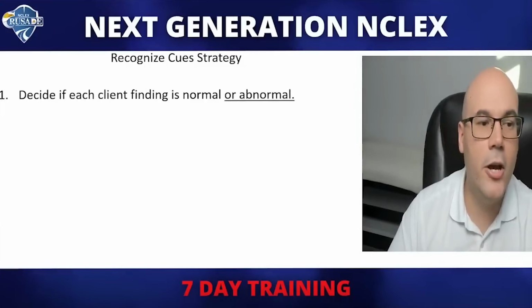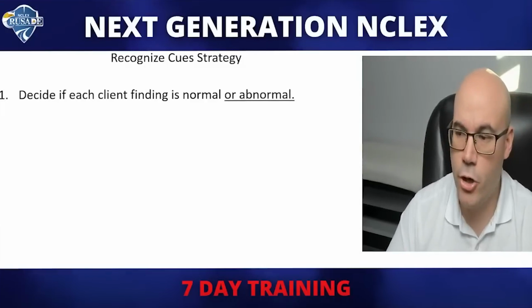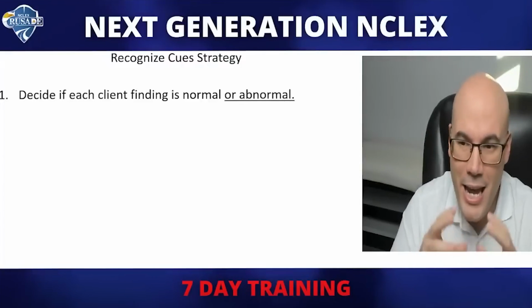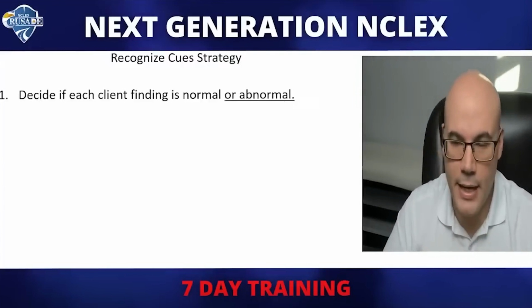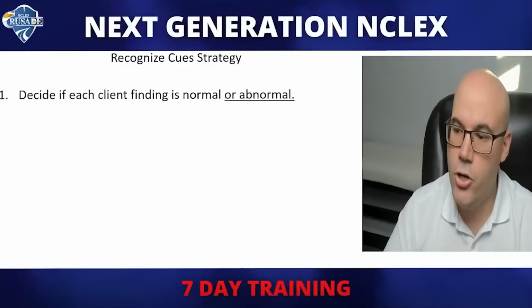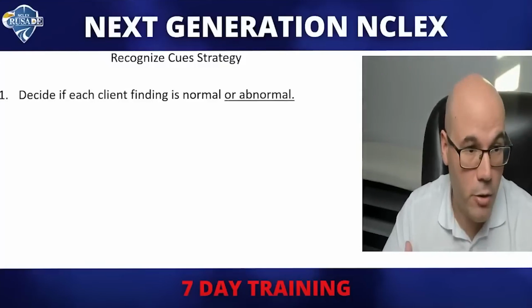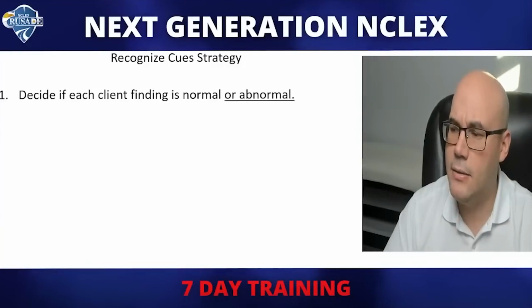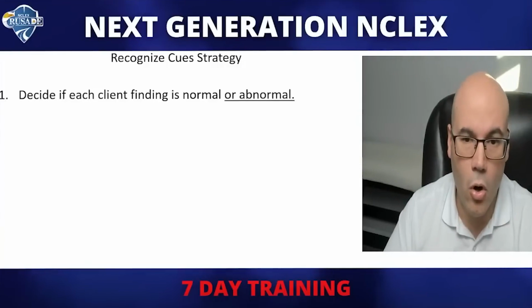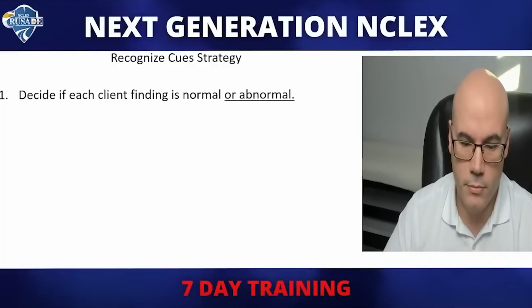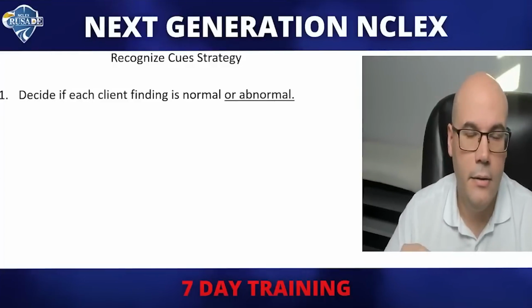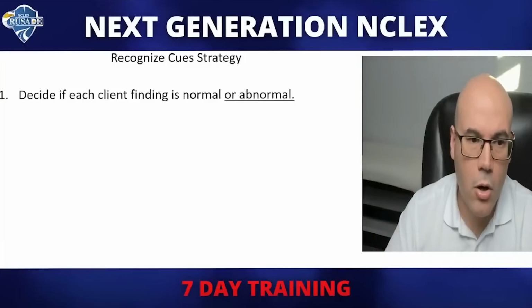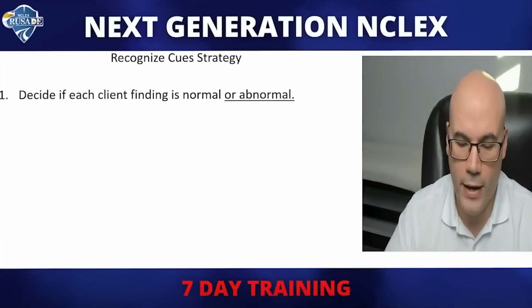The first thing that you're going to do is look at each of the assessment data, and decide or determine if the findings are normal or abnormal. So that's step number 1. Identifying if it's normal or abnormal findings.